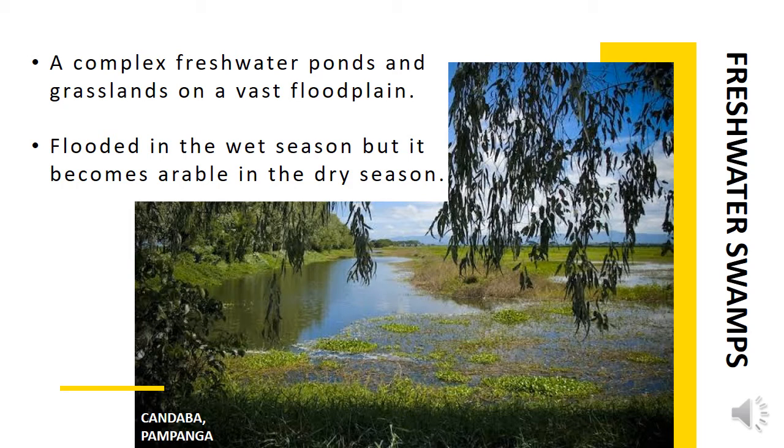This is an example of a freshwater swamp here in the Philippines, the Candaba Swamp found in Candaba, Pampanga. Candaba Swamp is a complex of freshwater ponds and grassland in a vast floodplain. The area is flooded in the wet season, but it becomes arable in the dry season.